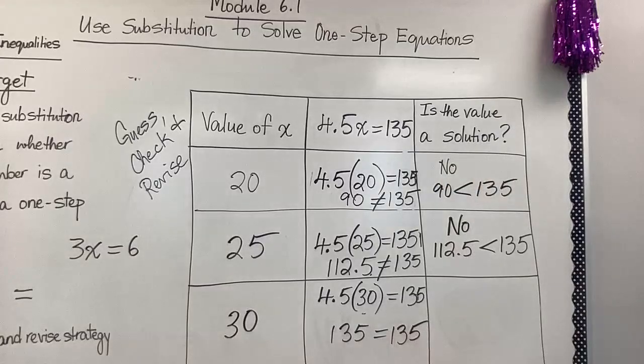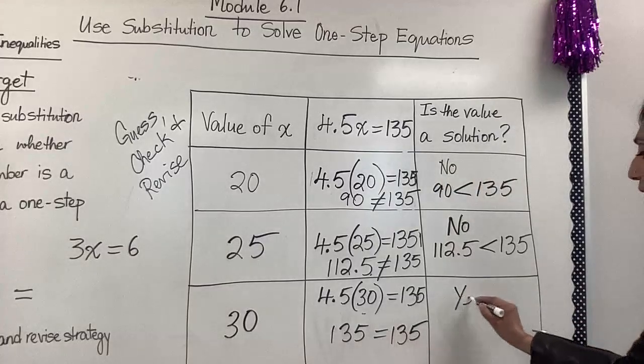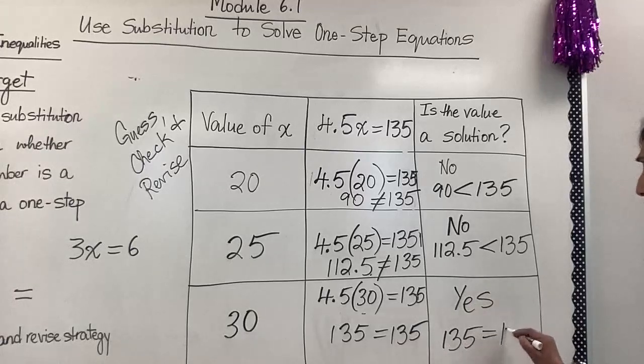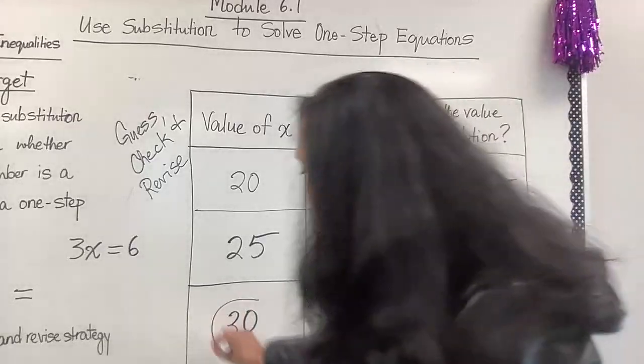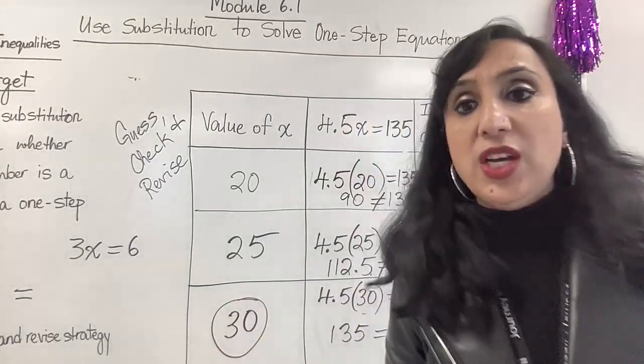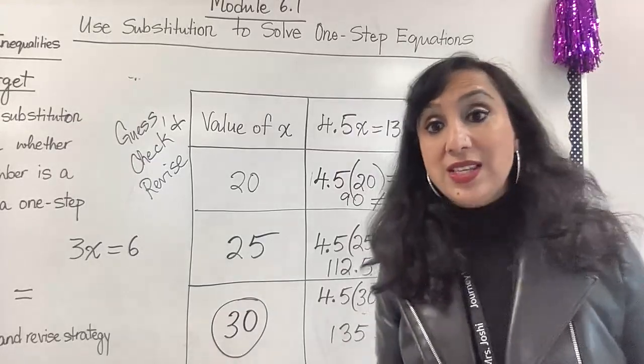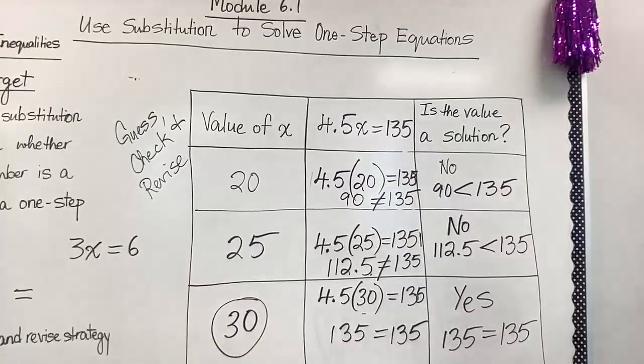And so therefore, yes, this is definitely a solution because 135 is equal to 135. And so 30 is the correct solution for x. And this is just the guess, check, and revise strategy of solving.